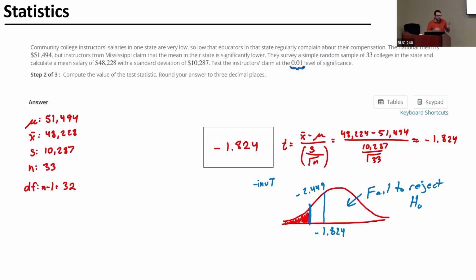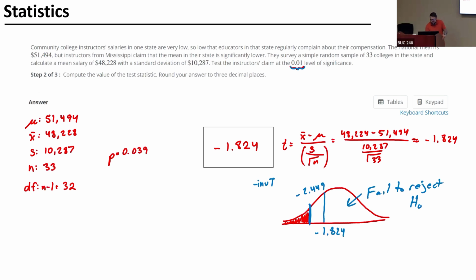But here, because part 3 says we're either going to reject or fail to reject, for me on this one I would have gone with step 2 or step 3 of 4 and said, okay, what's the p-value? Calculate that. Because they don't ever ask you that. So notice they ask for a p-value here, and you have a p-value of, what do we say? 0.039.